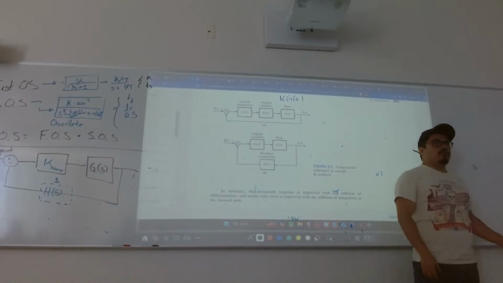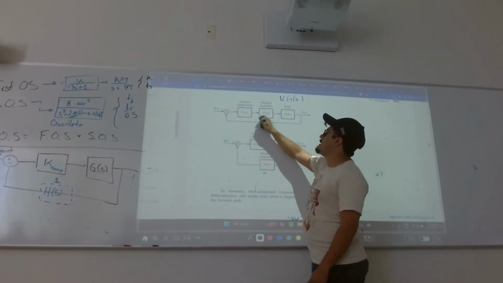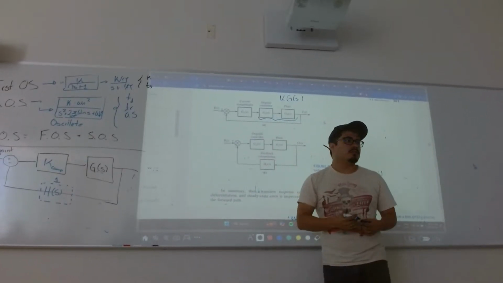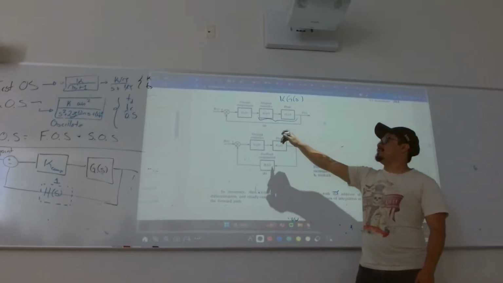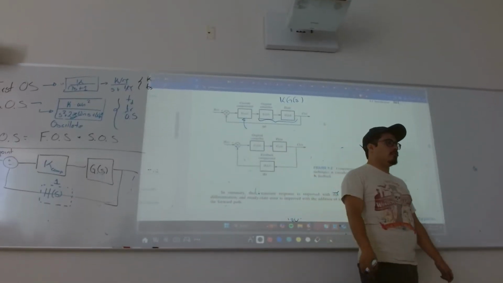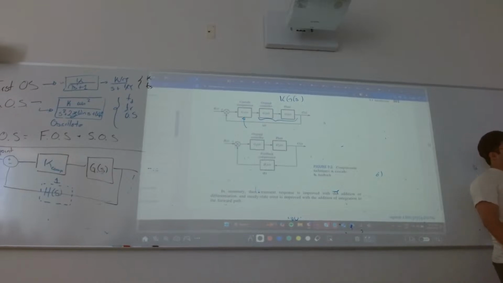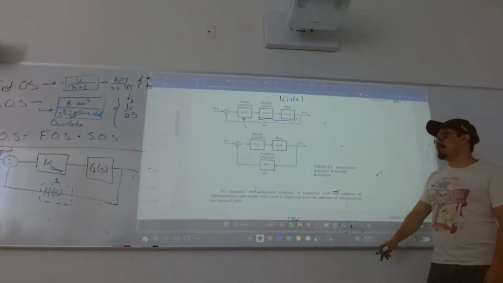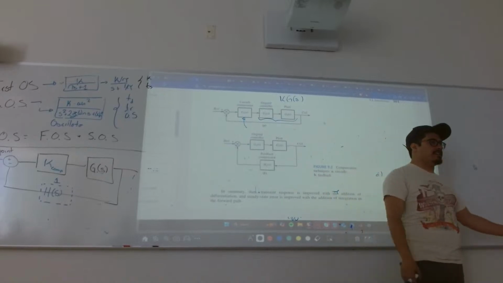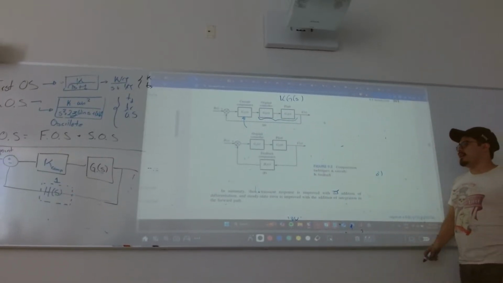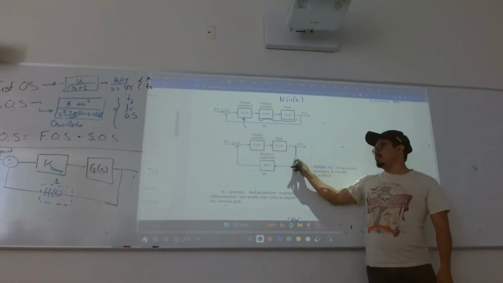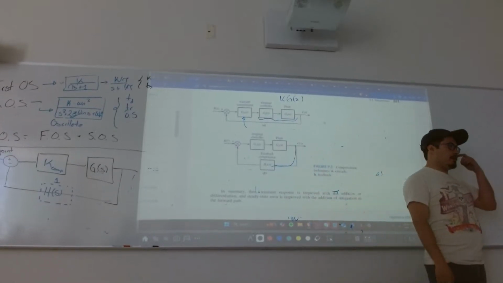There was already an original controller on the plant, and we need to add this compensator so the original controller performs in a better way. There are two types: one is in cascade, which is the control in series, and the other is the compensation on the feedback.